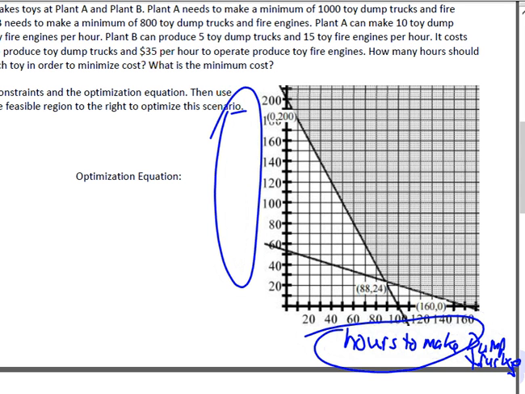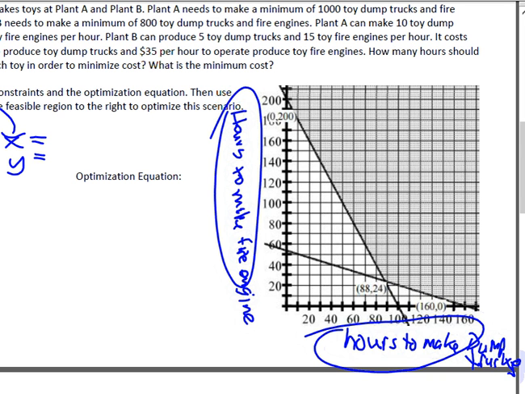And this one was hours to make fire engines. Now, the variables. That's the first thing we just defined right there. What we just said. X was hours to make dump trucks. Y is hours to make a fire engine.